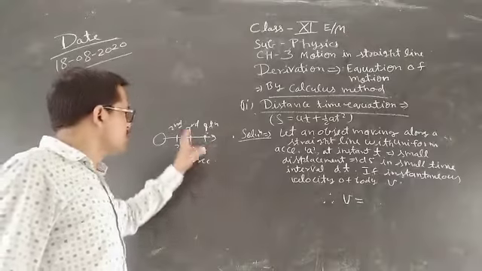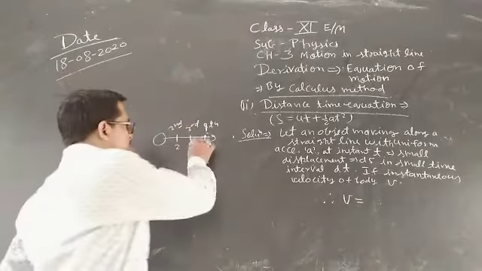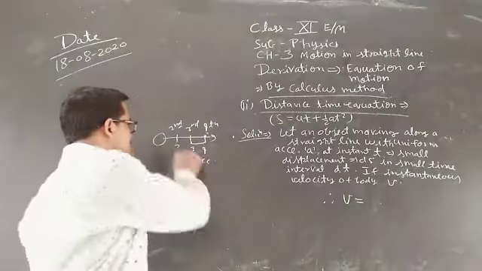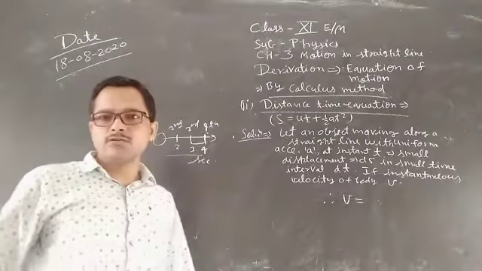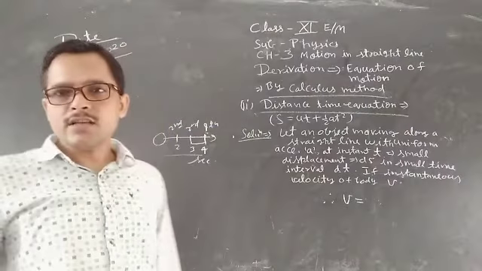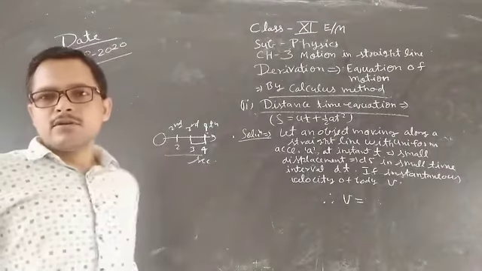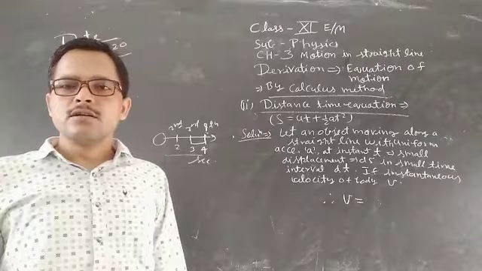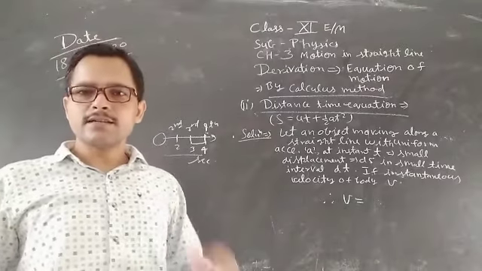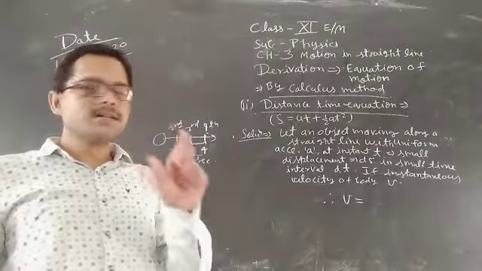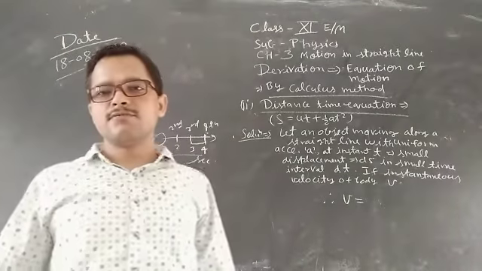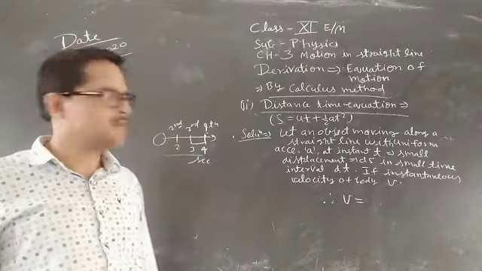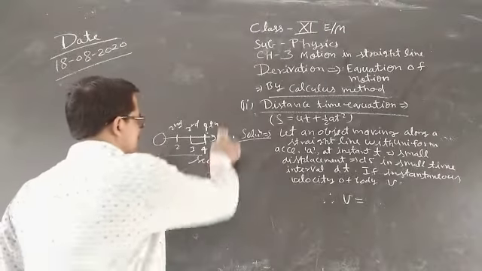The velocity at any particular instant or any time is called instantaneous velocity. Velocity at the 4th second, 5th second or 3rd second is called instantaneous velocity.